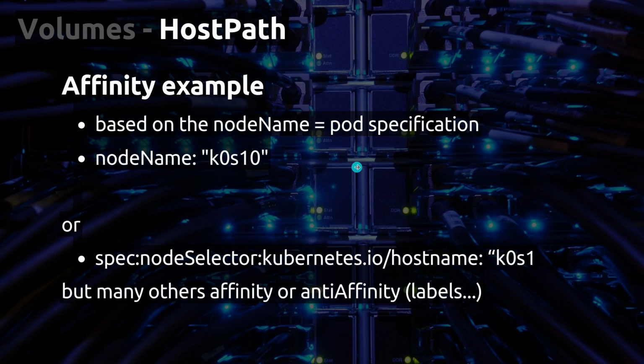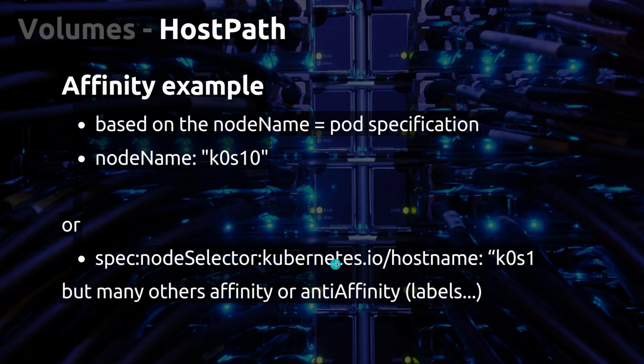You can run a pod with the node name specification and say, okay, this pod can just run on the node with the name K0S10, and the pod will be scheduled only on this one. And of course, if the volume is kept on this one, you can be sure that you haven't an issue with that, but you need to handle that.